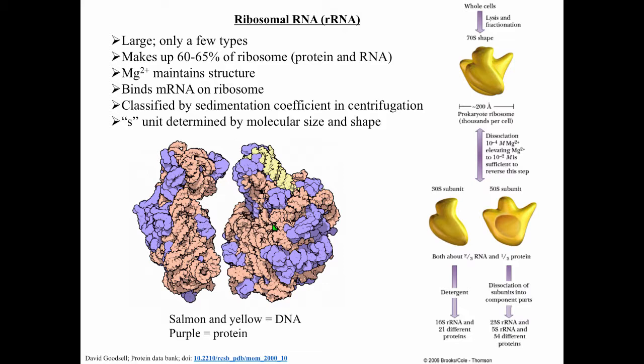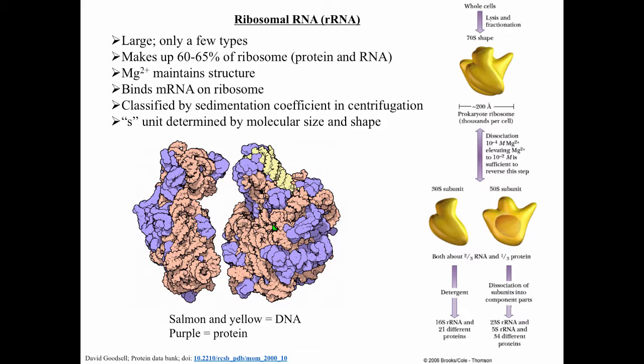This is a prokaryotic ribosome. In its big complex, it forms the 70S shape, so it's a bigger shape and size. If you were to remove magnesium, the complex will dissociate into two different subunits, called the 30S and 50S subunits, which are smaller than the 70S.